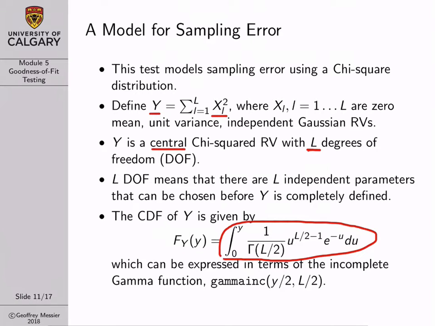It's not a closed form integral, but fortunately we can determine the value of the CDF using the incomplete gamma function in MATLAB. So you've got the value y, which is your argument for the CDF, and the degrees of freedom L, and you plug those into the incomplete gamma function in MATLAB, and you get the CDF value.